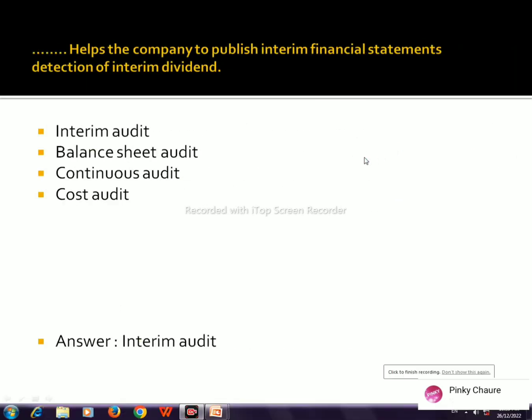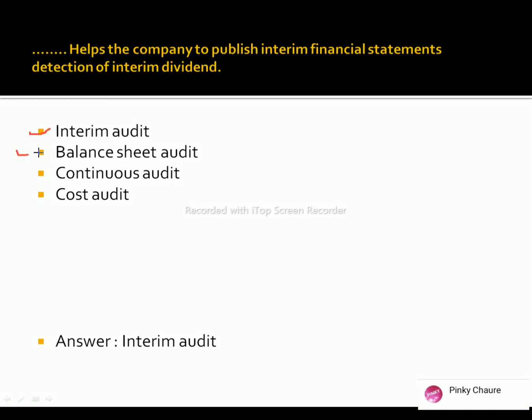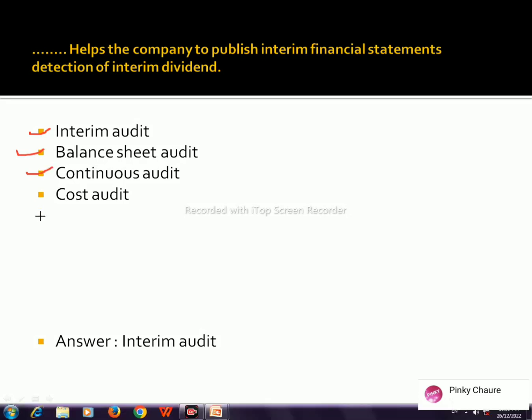Dash helps the company to publish interim financial statements and declare interim dividend. Option is interim audit, balance sheet audit, continuous audit, cost audit. Answer is interim audit.